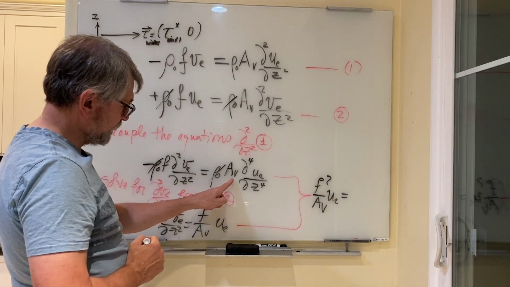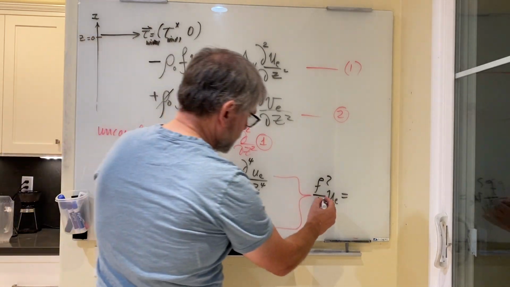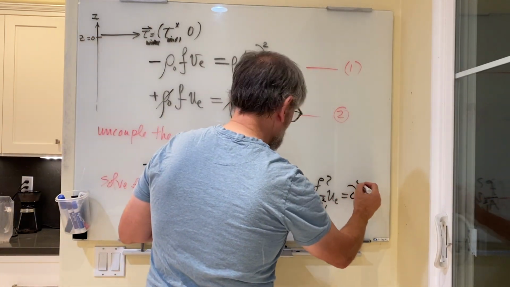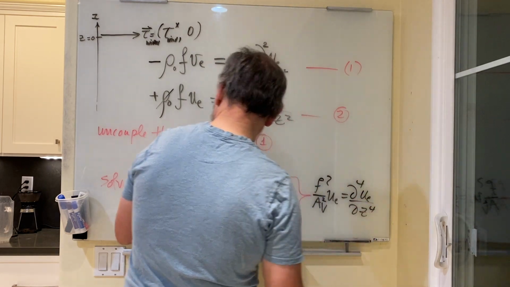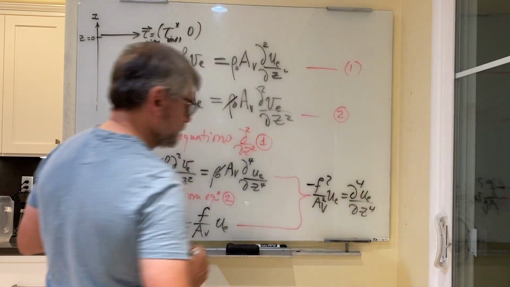So I have av over here. I can bring it on the bottom, squared d4 ue dz to the fourth, and I should have a minus sign with a minus over here.